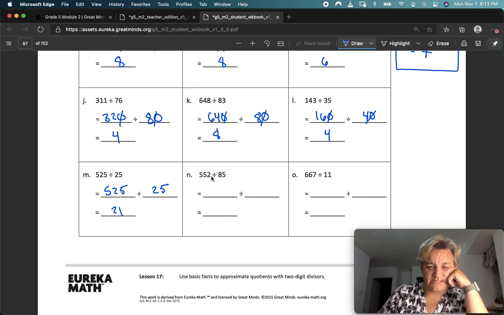Okay, next one. This one I can go up to 90. And that one I'll go down to 540. Some of these estimating questions I don't agree with, but okay. 6. And 660 divided by 11 would be 60, right?